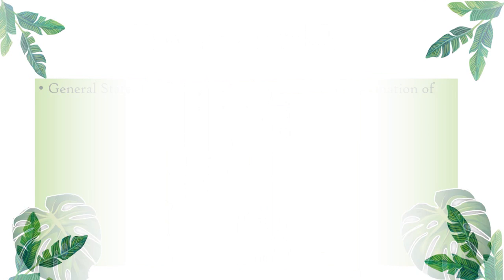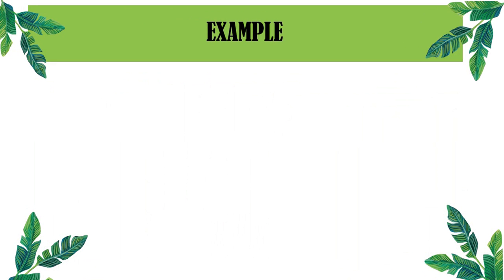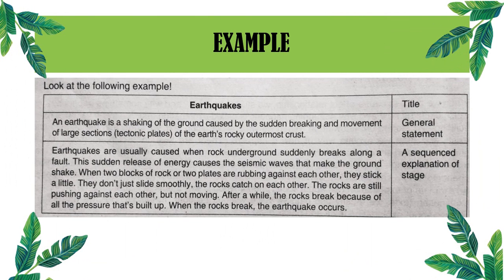Let's see the examples. Look at the following example. See, there are two paragraphs in this text. The text is about earthquakes. For the first paragraph, an earthquake is a shaking of the ground caused by the sudden breaking and movement of large sections or tectonic plates of the Earth's rocky outermost crust.